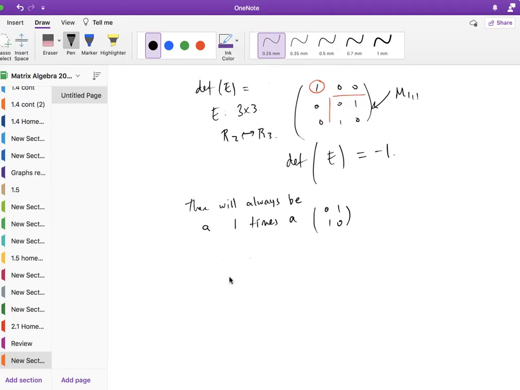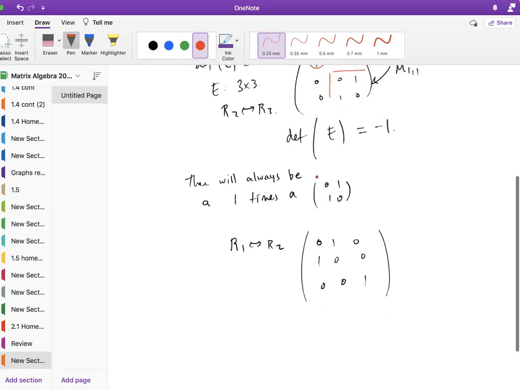Let's just go through the row swaps. Let's do row 1 swap row 2. What does that matrix look like? Yeah, 0, 1, 0, 1, 0, 0, and 0, 0, 1.